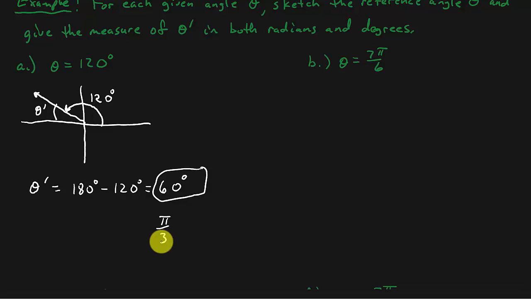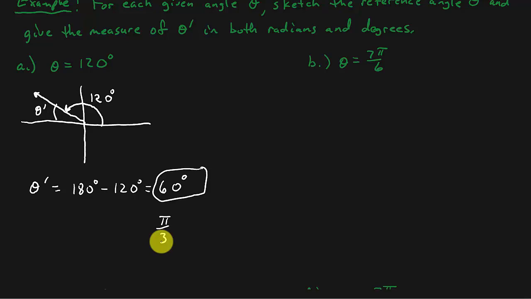If you remember in some of the past videos I've done, it's important to know right off the top of your head: 30 degrees, pi over 6 radians; 60 degrees, pi over 3 radians; 45 degrees, pi over 4 radians. It's really important that you associate those real quick.